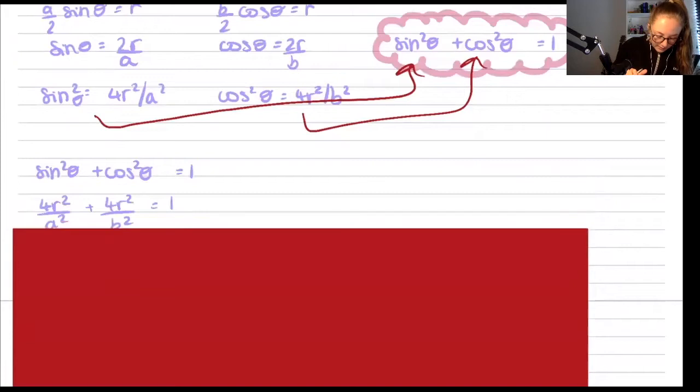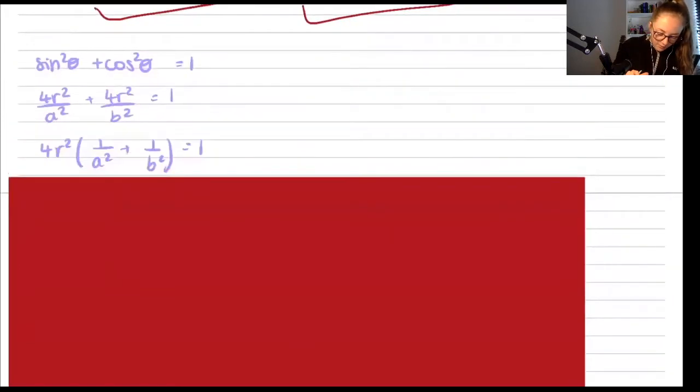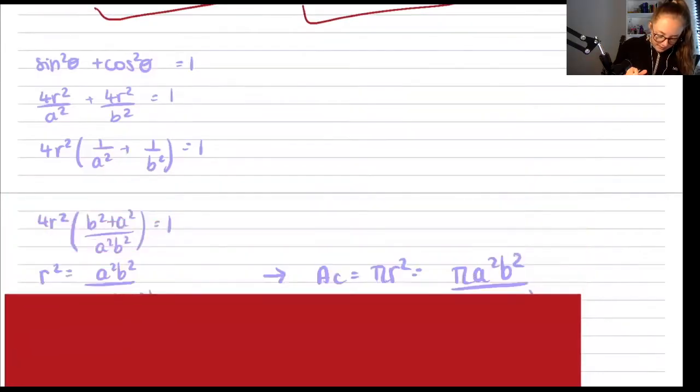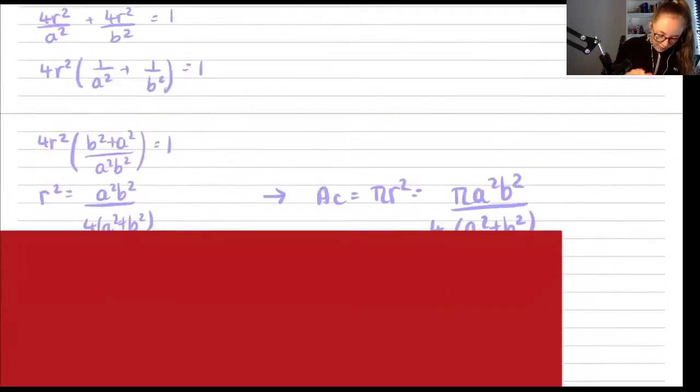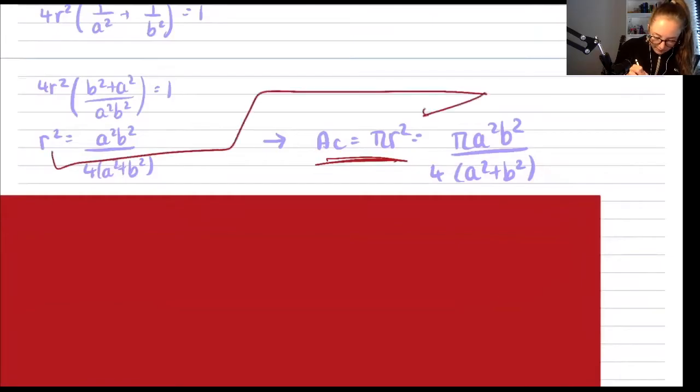So down here, I've stuck those in, said that that's equal to 1, rearranged to get an expression for r squared. And obviously for our area of a circle, we needed pi r squared. So we can just pop that r squared in here to get this.